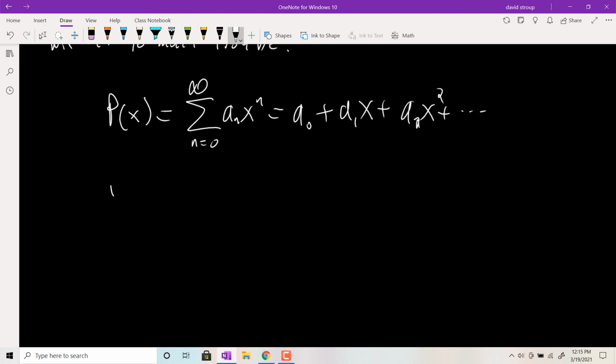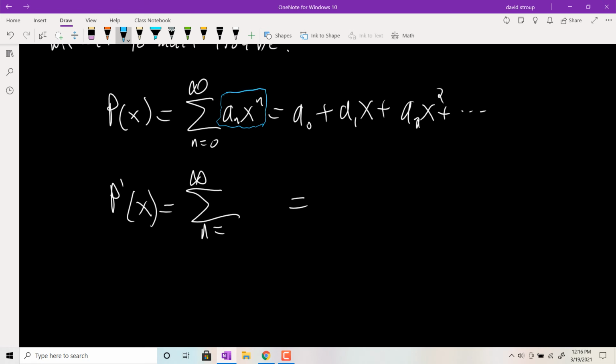Then let's look at the derivative, p prime of x. Usually the problem with the derivative is the lower limit of the summation index. It may change. It doesn't always have to change, but it may. So with that in mind, we take the derivative of a sub n x to the n. A sub n is a constant, so you're just taking the derivative of x to the n.